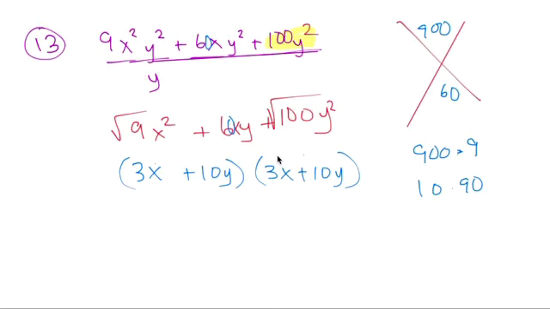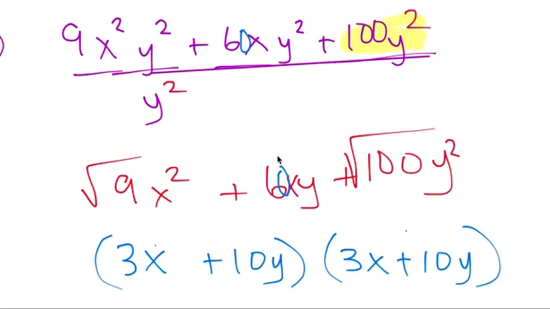Factored out a y squared. A y. Right, let me look. There's something wrong about this. Factor out a y squared. Like that. Okay. So that's your answer.